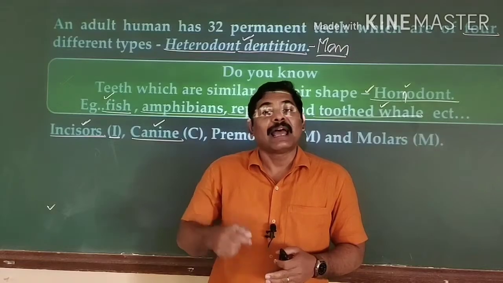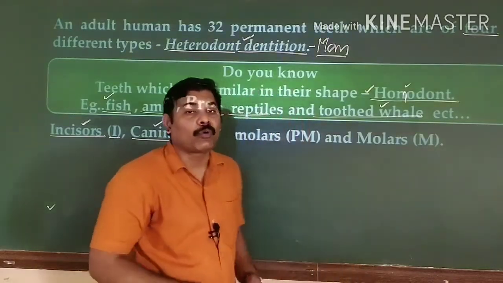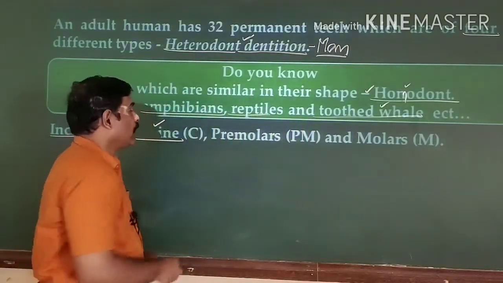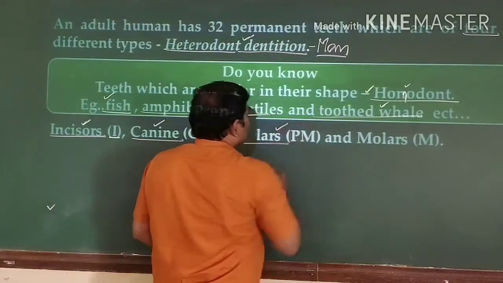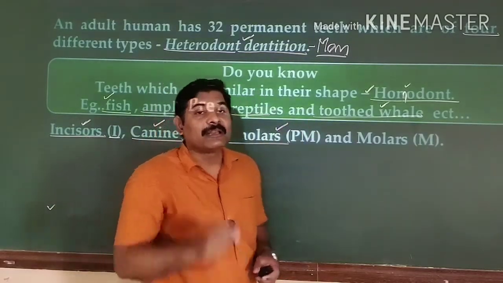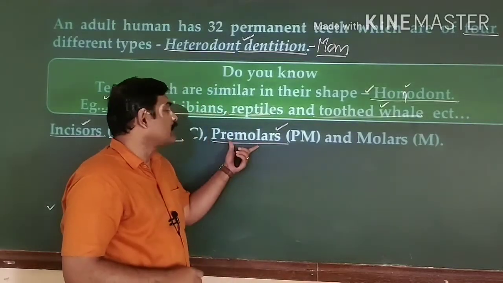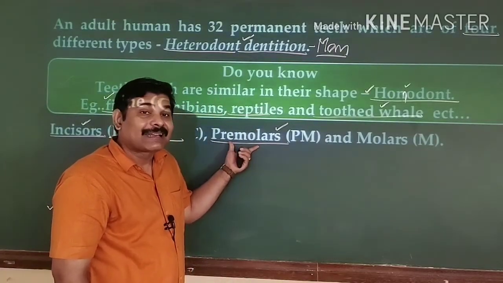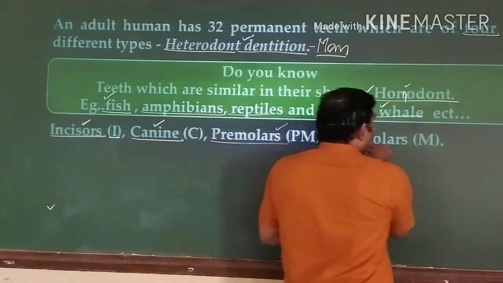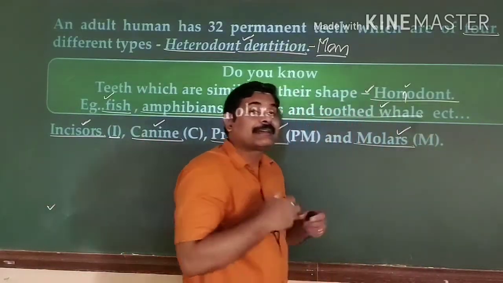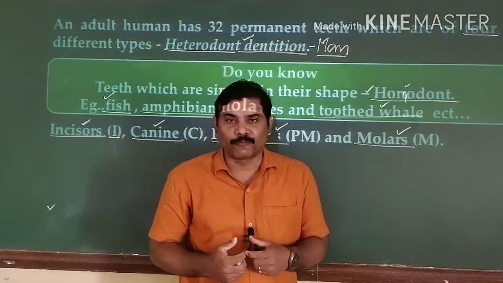They help for tearing the food material, hence we call them tearing teeth. The premolars help for cracking the food material like nuts, that is why we call premolars the cracking teeth. The molars help for grinding or churning the food material.